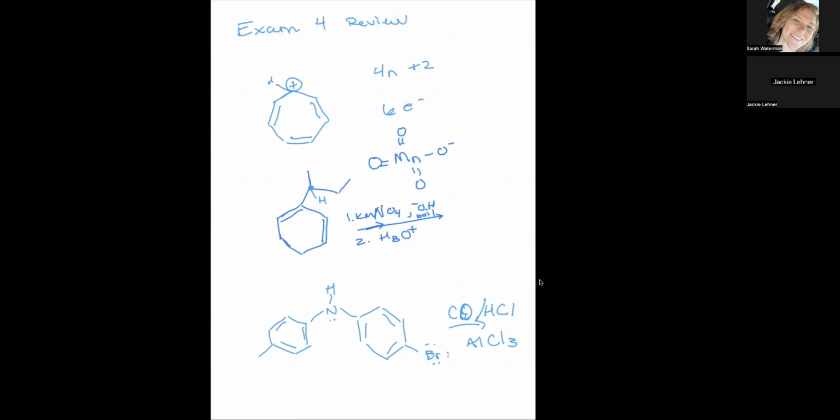So let me just look at what I wrote. One thing that was getting me confused was I thought I recalled from last week's notes that when you have a halide, like bromine, it's ortho and para.